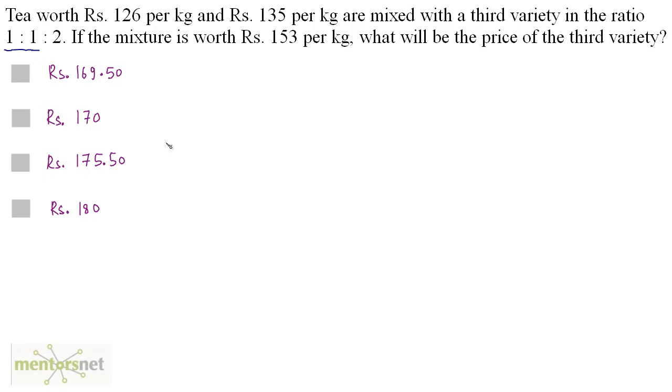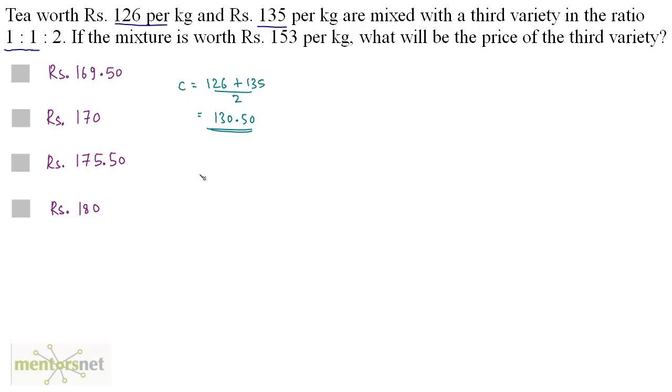So the cost of the mixture of the first two varieties will be just the average of 126 and 135. So the cost is (126 + 135)/2, and if you solve it, you'll get 130.50. So this is the cost of the mixture of the first two varieties of tea.